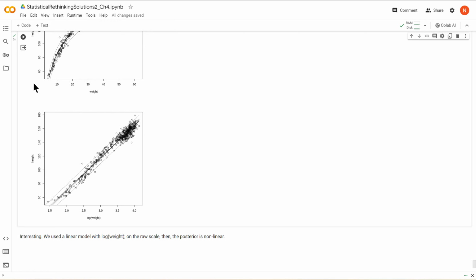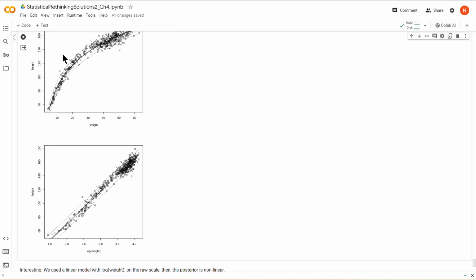One thing to notice is that the problem we had with the standard deviation, or the variance, increasing as we went up in weight still seems to be there, but not as bad. The variance around the mean seems a little more consistent as we move up in log weight. Okay, that's it.